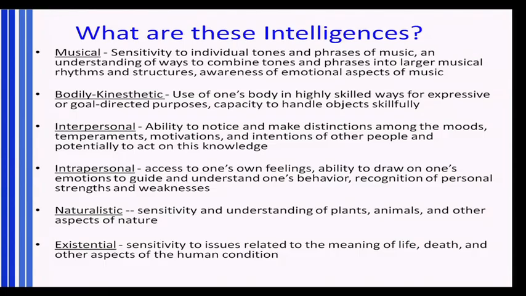And there are people who are also good at sensing the issues related to the meaning of life, death, and other aspects of the human condition. These are otherwise called the existential abilities.